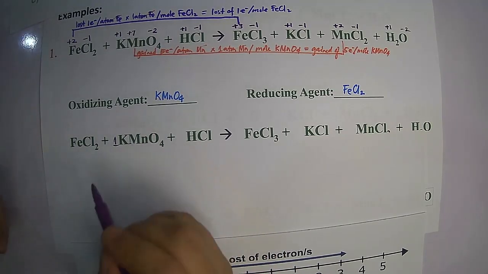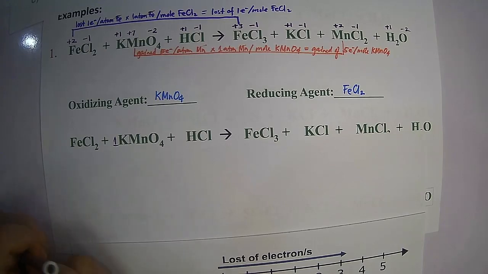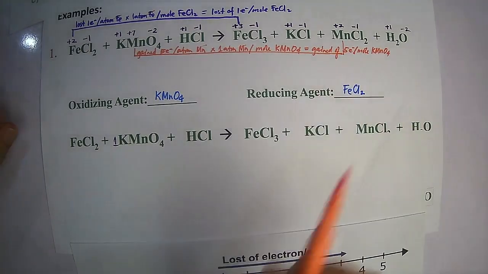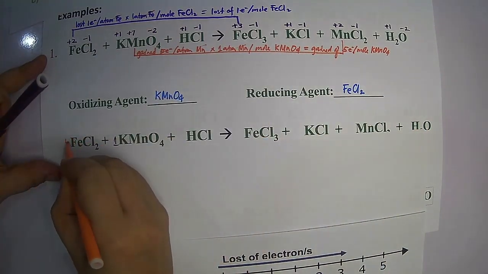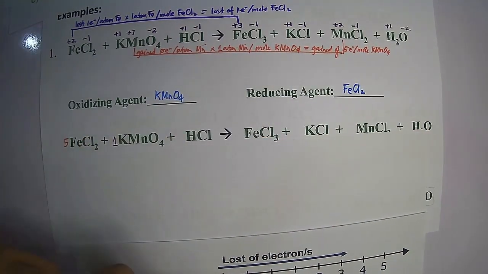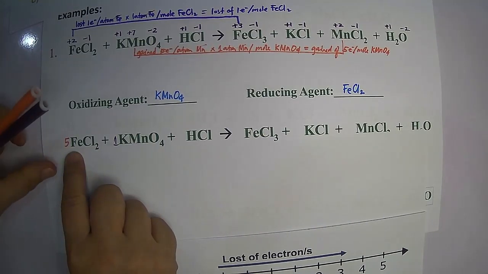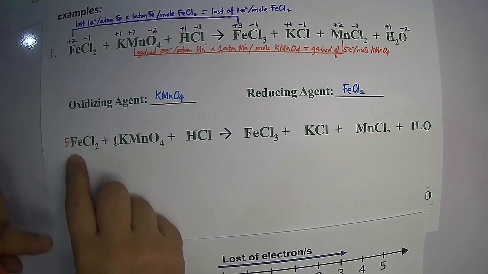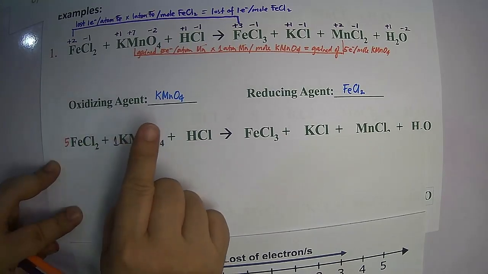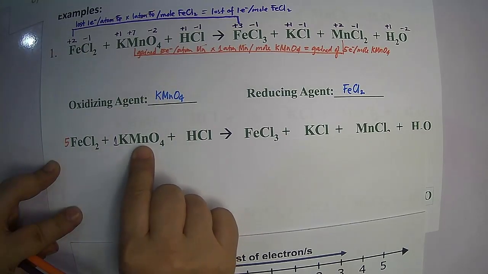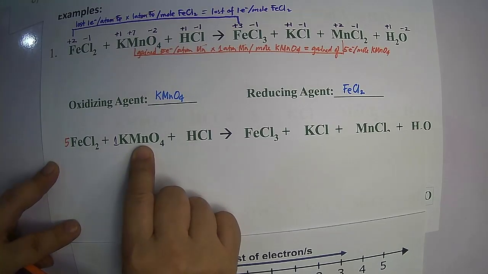The one that is lost by iron, and the 5 electrons that are gained by manganese, 5. Meaning, 5 atoms of iron give off 1 electron per atom, 5 electrons to manganese.